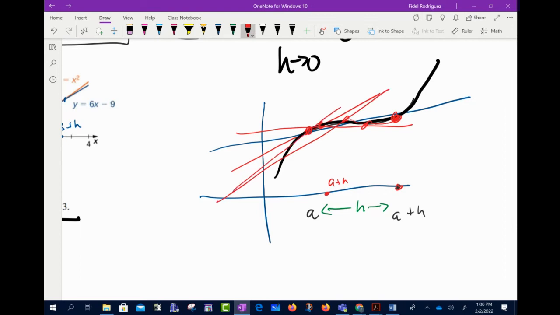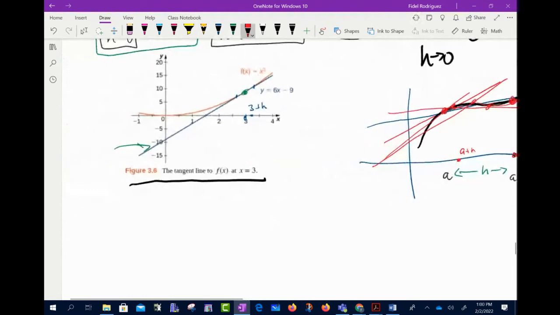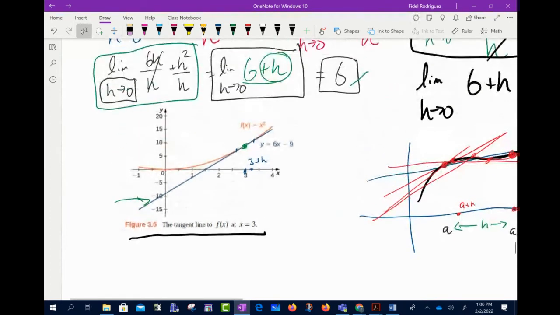If I move it over here, there's that line. But I'm trying to get closer and closer, and that's going to give me that tangent line as I make that value of h really, really, really small. Does that make sense? Good. Excellent. Good questions, y'all. I think understanding the concept and just being able to visualize it helps out a whole lot. Six was our slope.